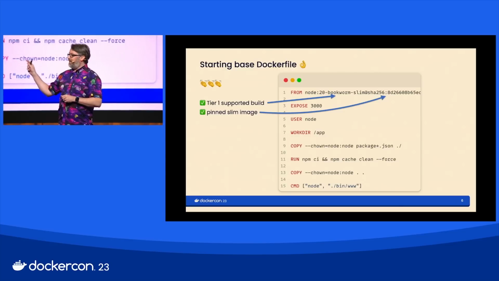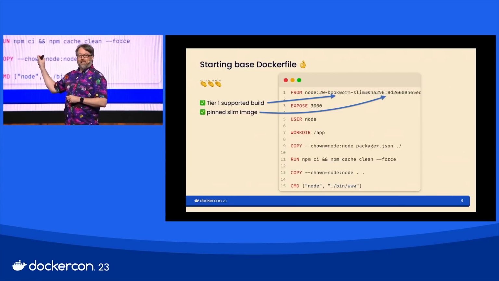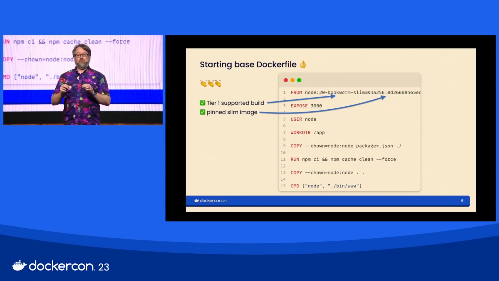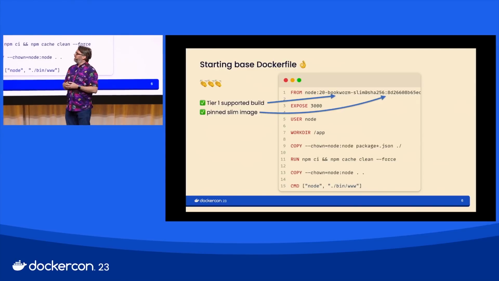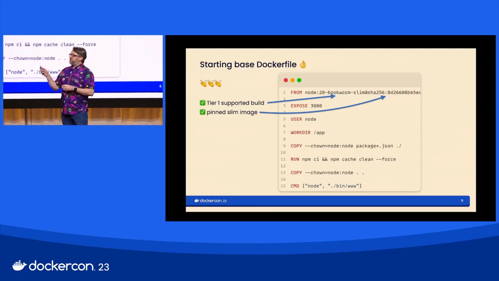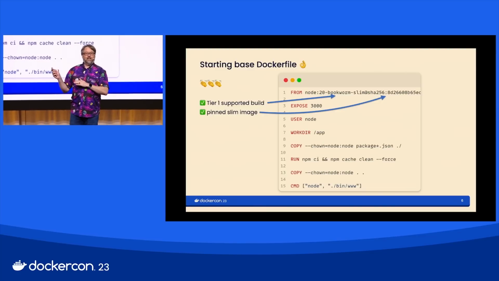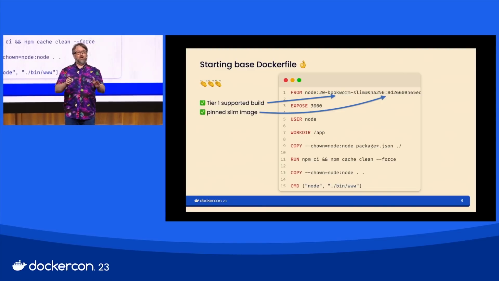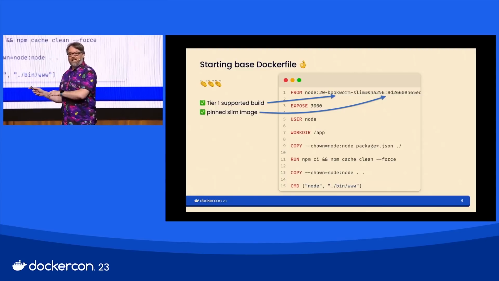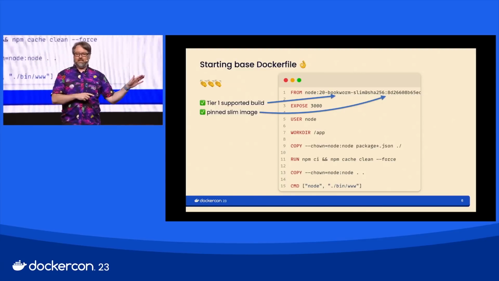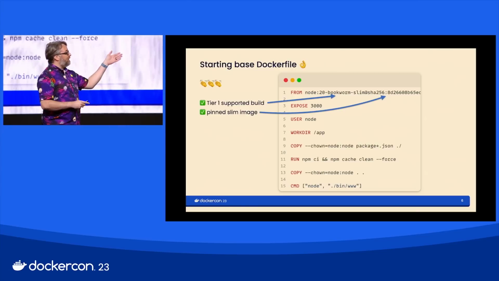Now, you can get that hash from the Docker images command, there's actually a --digests flag or something like that. I forget the command. But you can get those hashes. Technically, when you pin a SHA hash, it ignores the tag, but the tag is for the humans to know what we pinned in the file. We're just using it as a friendly label to know what the heck it's from.